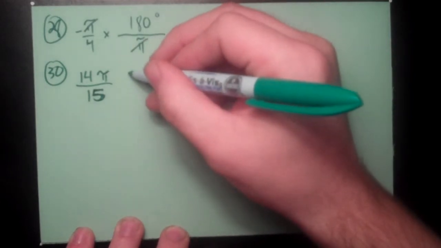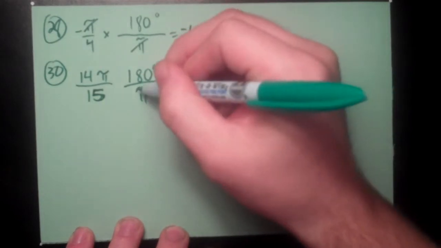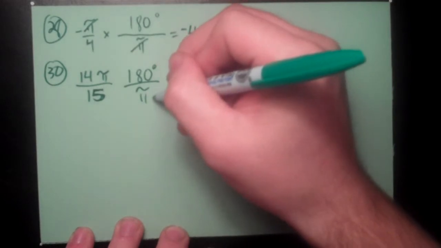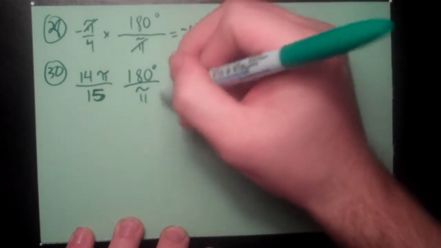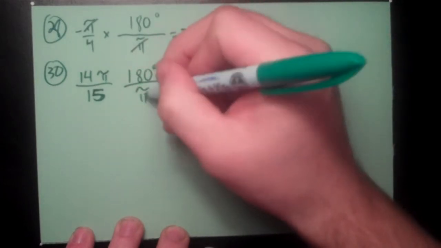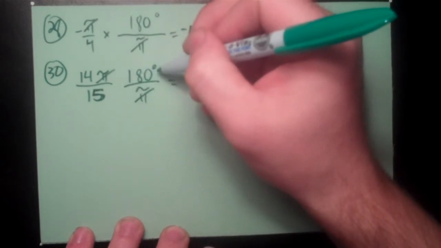Let's see how close. We're going to multiply it by 180 over pi. That's going to take us from radians, and when I point to pi, I mean that radians is implied, to degrees. So pi cancels with pi, and 15 with 180.